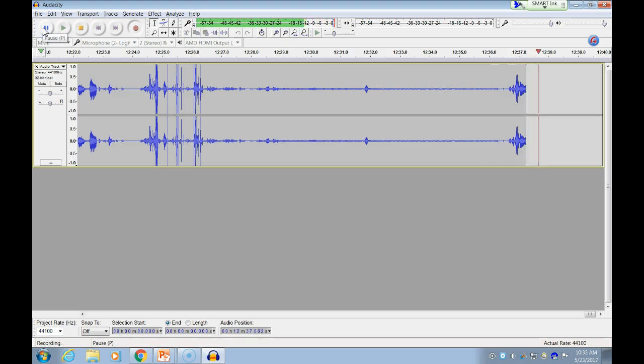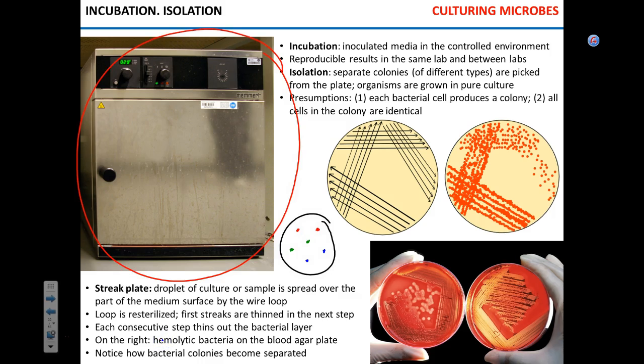So what you do in this case, if you want to have only one of them, you have to pick this colony and isolate it. You have to confirm that it's actually a single organism. When you look at the colony, either a small or a big one, you presume that first, one cell produces one colony, and that all cells in the colony are identical.